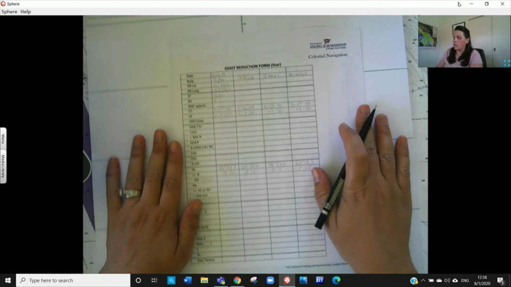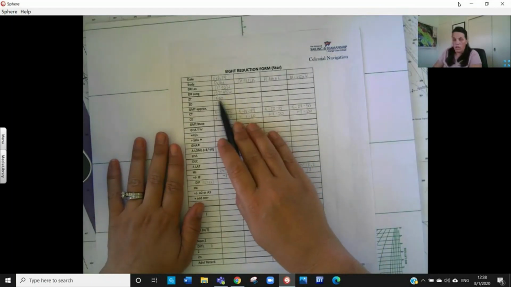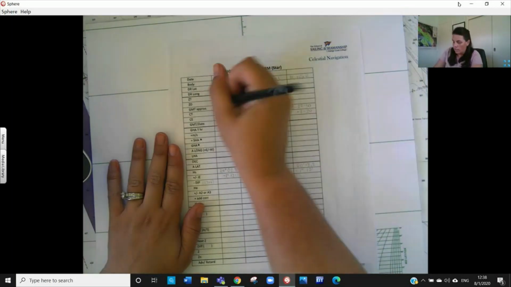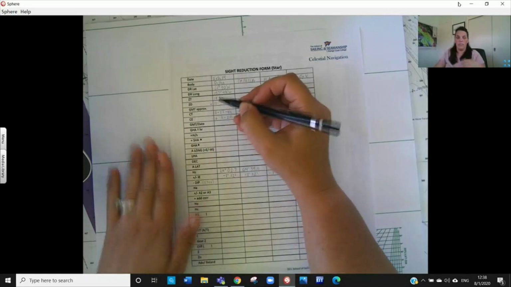Okay, so we have February 14th, we have a DR. Our zone time was 1820 with a zone description of +11. So I'm going to find our approximate GMT. If I do 18 plus 11, I get 29. 29 minus 24 gives me 5.